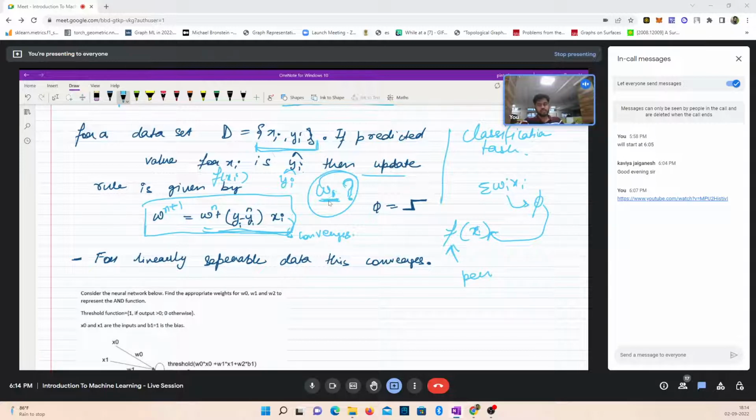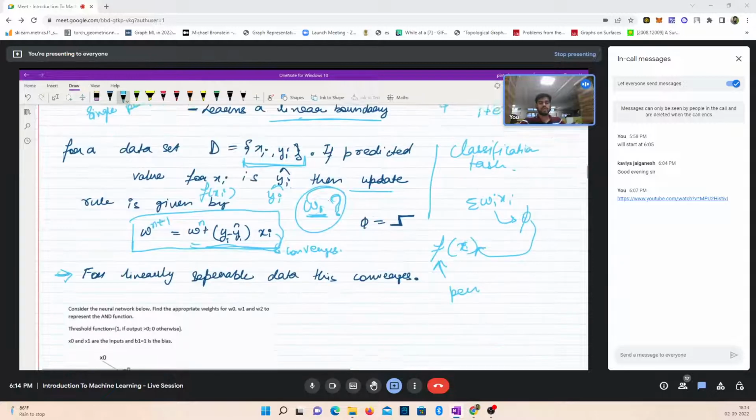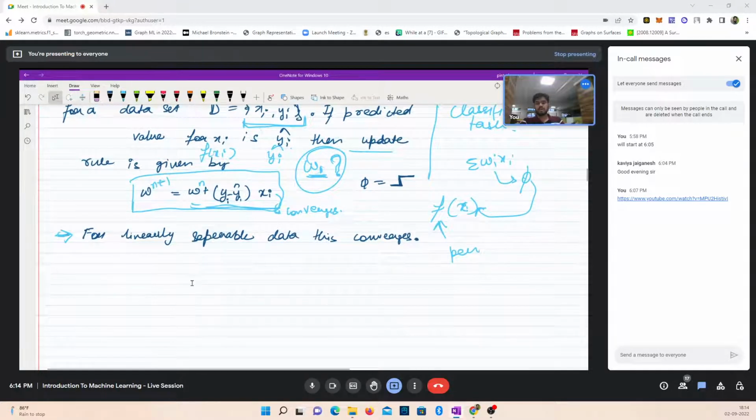There is a proof theorem that says that if your data set is linearly separable, then you can separate it using just a single neuron. The thing to appreciate here is that in linear regression, you first had to define some sort of loss function and then use gradient descent to compute the weights.